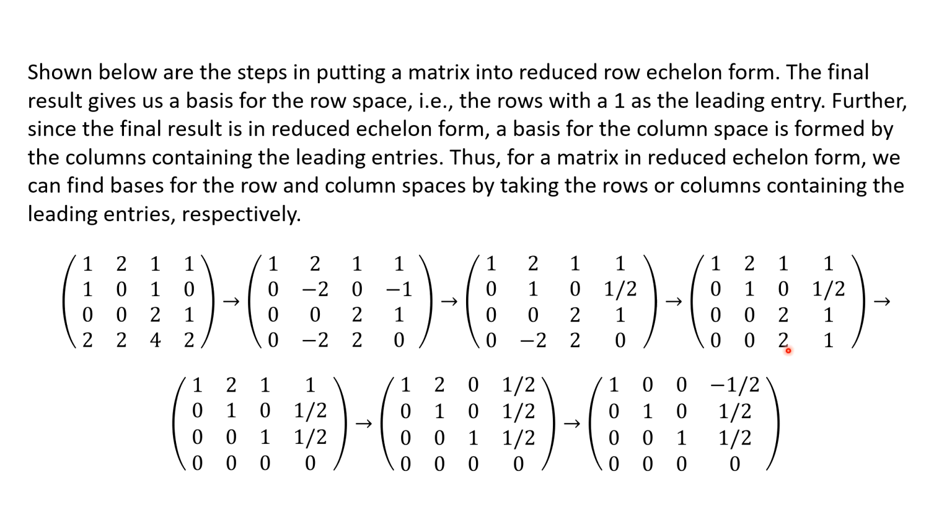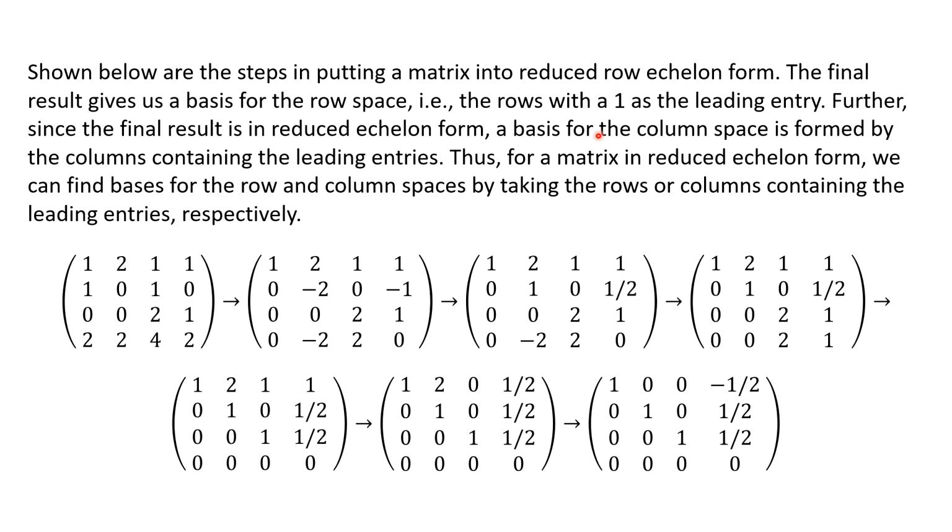Then we see here that the third and fourth rows are the same, so we can just subtract the third from the fourth row, and then divide the third row by 2, and we're almost done. Then we take the third row from the first row to get a 0 here, and then take twice the second row from the first row to get a 0 here.